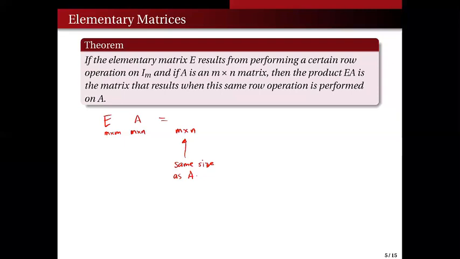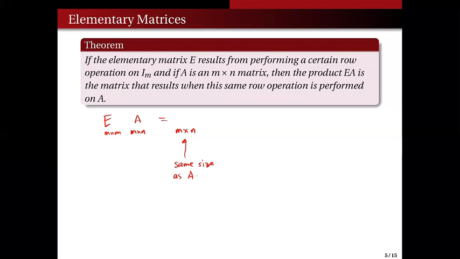So take note, if you apply some elementary row operation on A, the size will be retained. So still M by N.